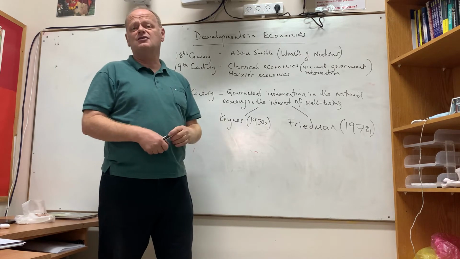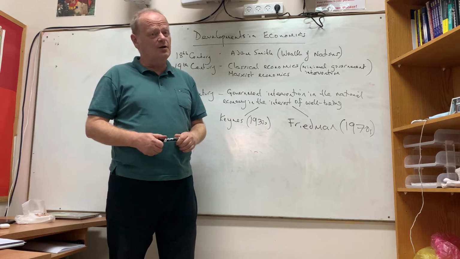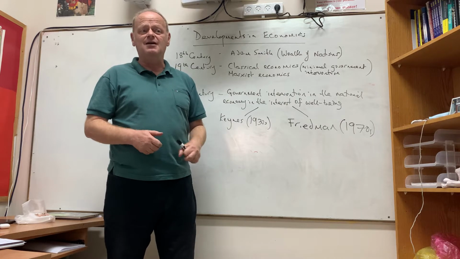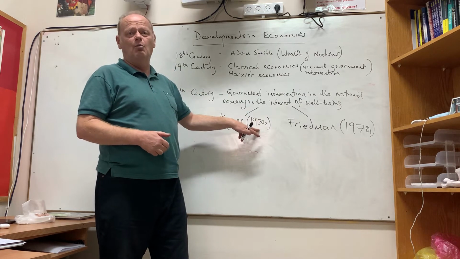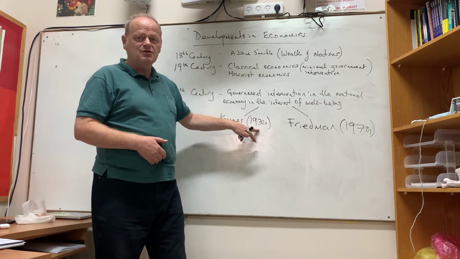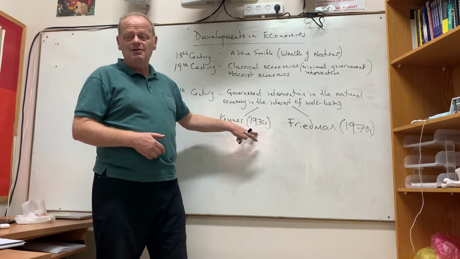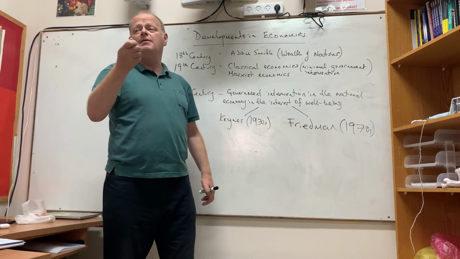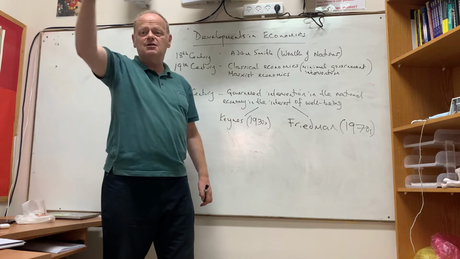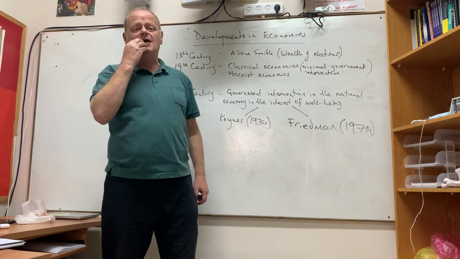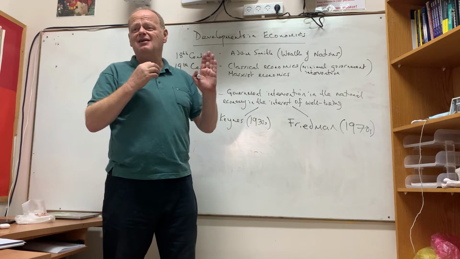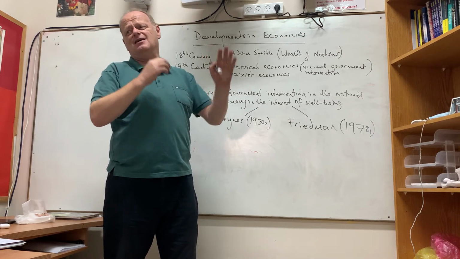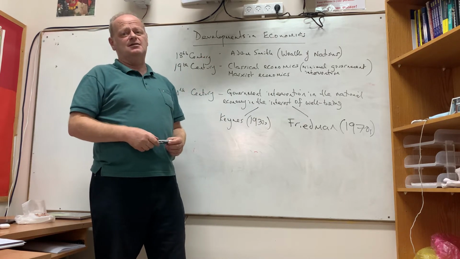Keynes said this isn't good enough, you can't rely on it, it is for the government to intervene, and Keynes's idea was that the government should spend, and as a result more people are employed and more people are spending money, money circulates more quickly and it creates jobs. That is a very, very simplistic summary of Keynes.